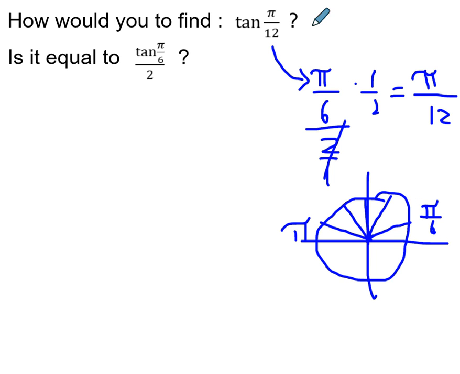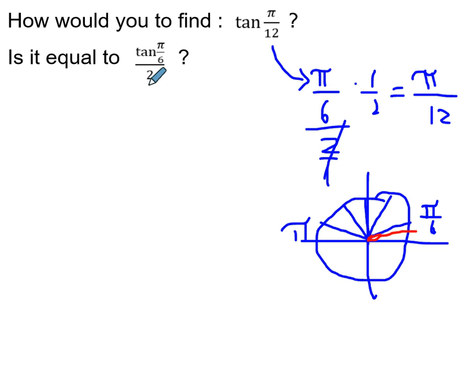Pi over 12 means half of that, so it would be around here. If you remember, sine is the y value, and for tangent we would have to find sine over cos.